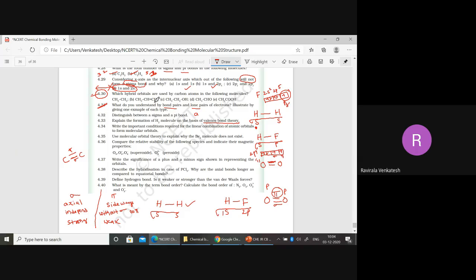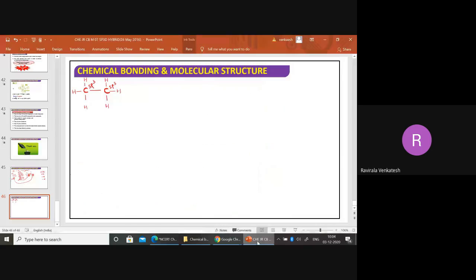Now let me move to the next structure: CH3, CH double bond CH2. I'm writing the next one: CH3 like this, next CH double bond CH2, right? Anywhere you observe, carbon will have only 4 bonds. Now tell me, does this carbon have any pi bonds?